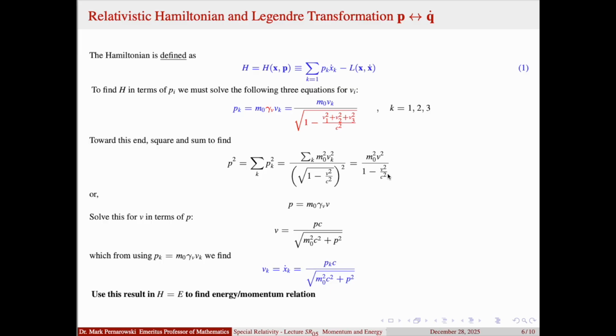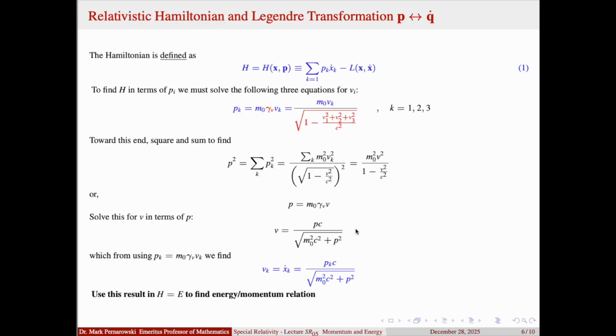Now, if you look at that, this is p squared equals something with v's. And all I want to do is solve for v now. I want to solve p squared equals this for v. So if I do that, I can write out this expression as p is equal to this, but when I invert to find v as a function of p, I get this expression down here. It's this one right here.